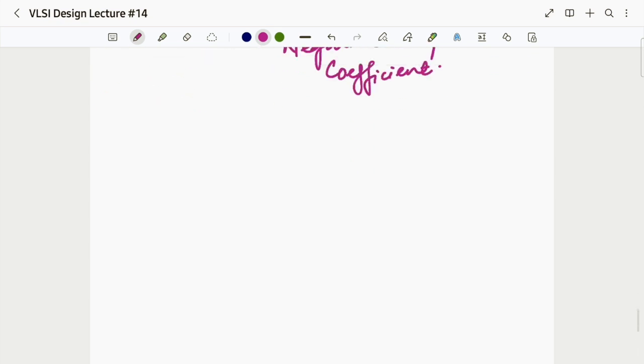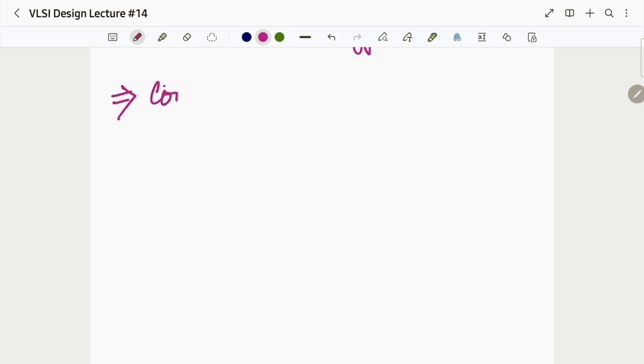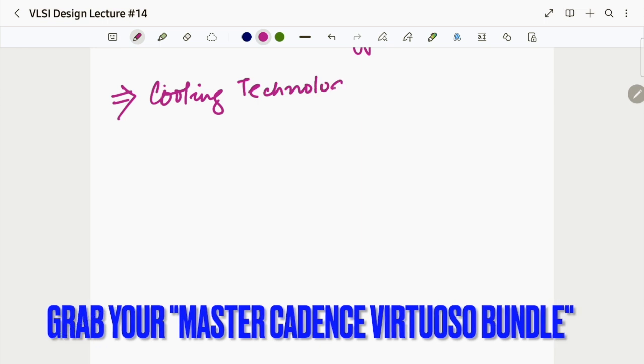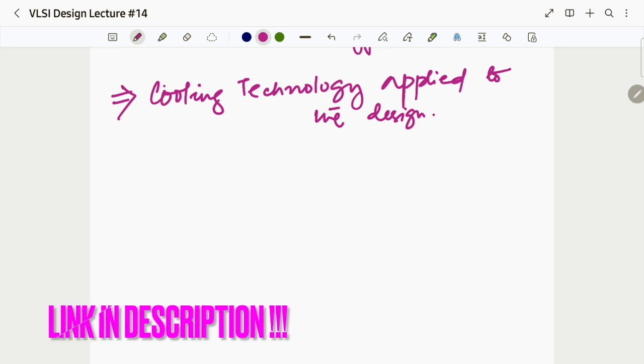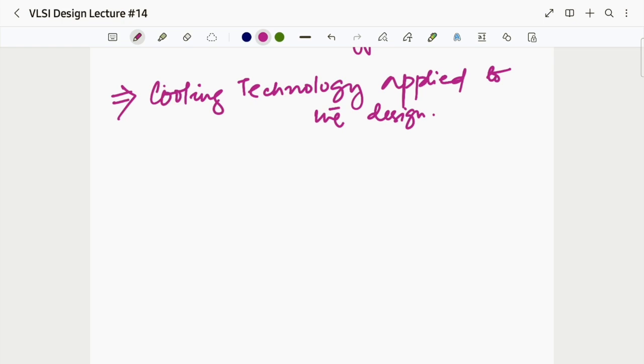Okay, because of this, cooling technology has been applied to the design. Now you might have heard some ads previously, with cooling technology.